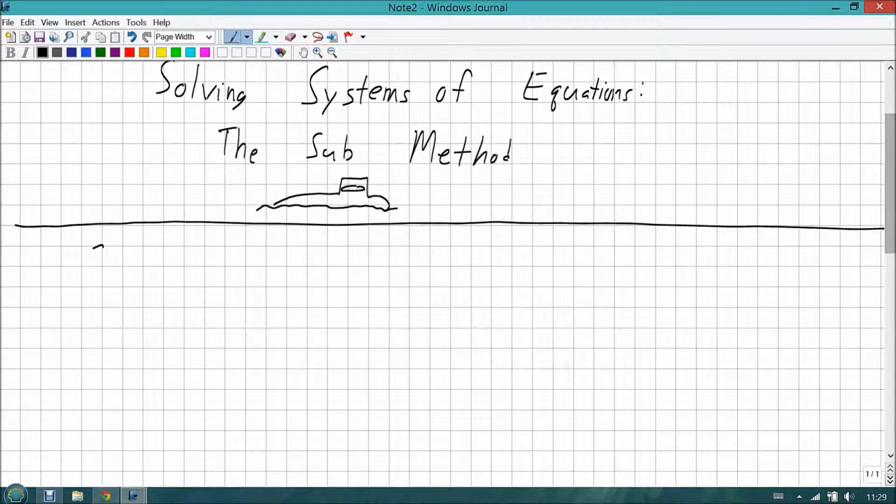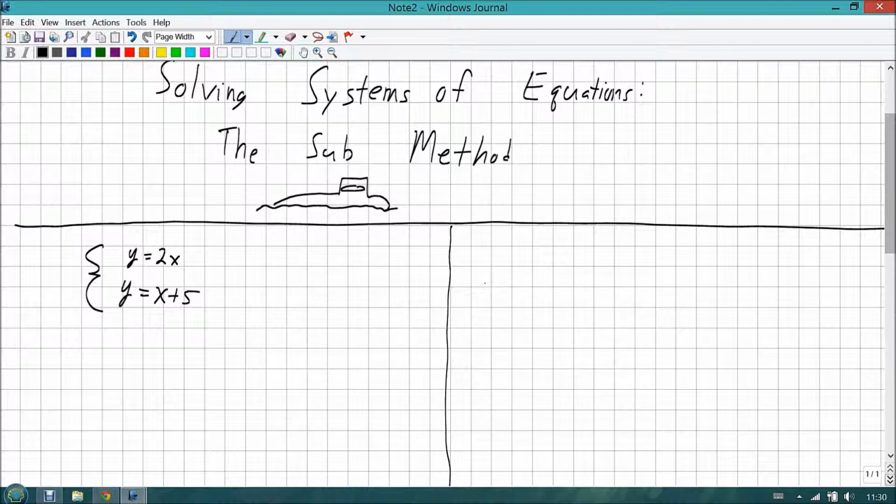Let's start out with the system of equations denoted by y is equal to 2x, and the other equation is y is equal to x plus 5. Now, in doing a system of equations, it's a series of tasks, I guess is the word we can use. It's a series of things that you do in order and repetitively, and it gets boring sometimes, but it's something that we need to get down.